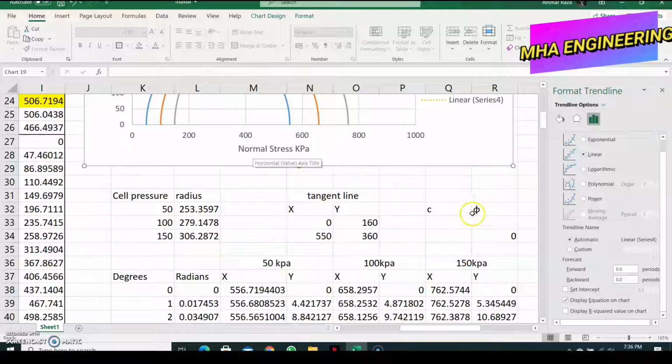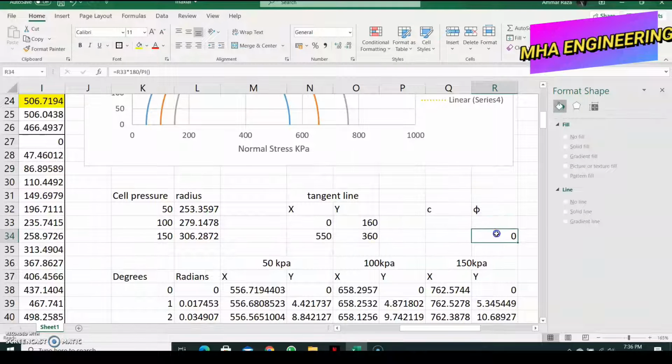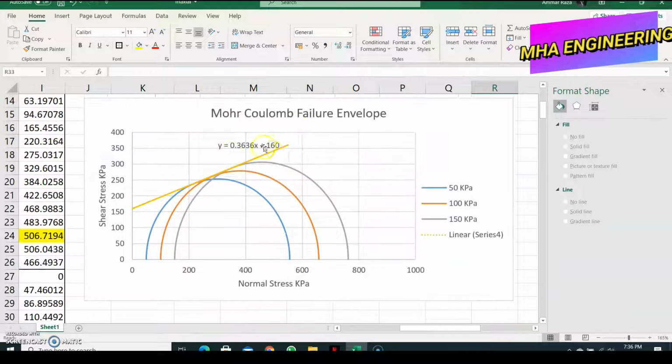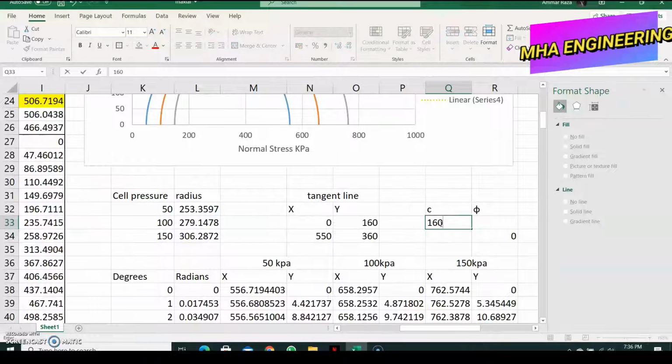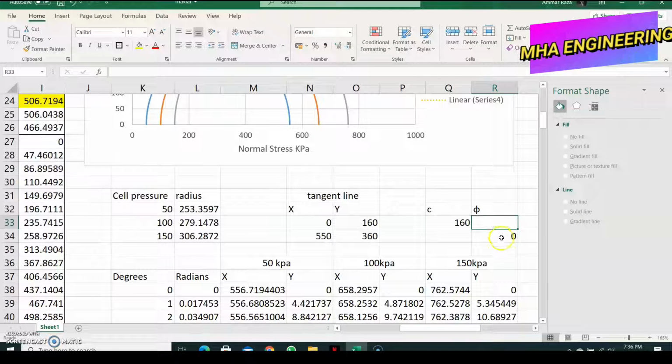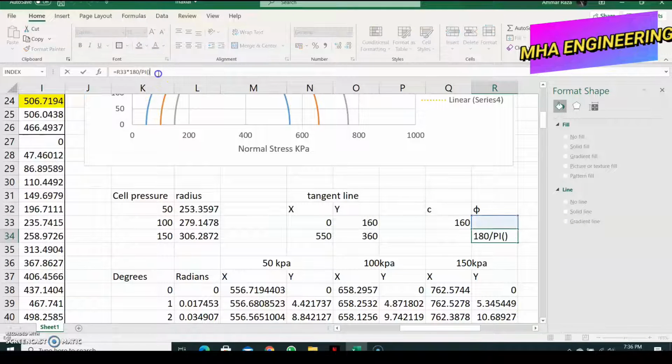Okay, so now we know that our C is equal to 160.